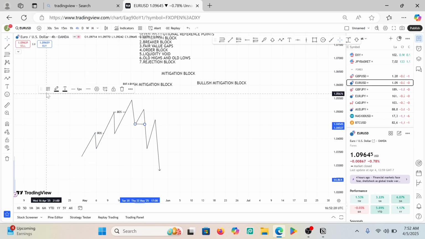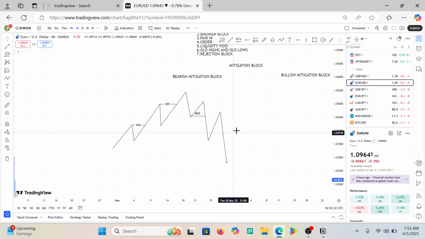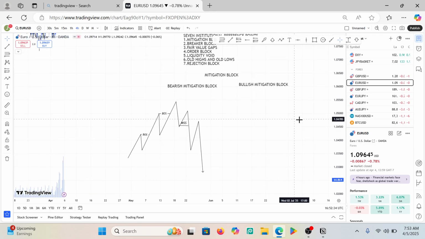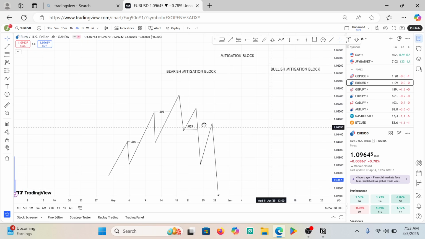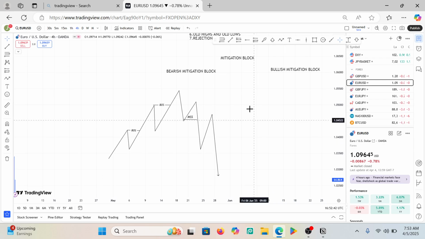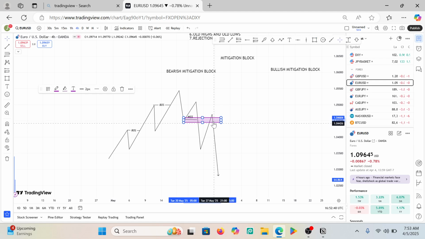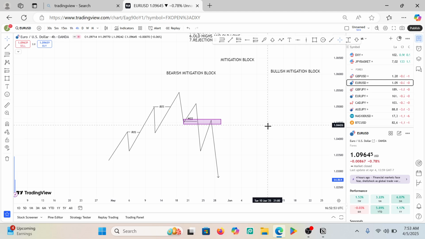I want you to observe this. This is what we call a bearish mitigation block.